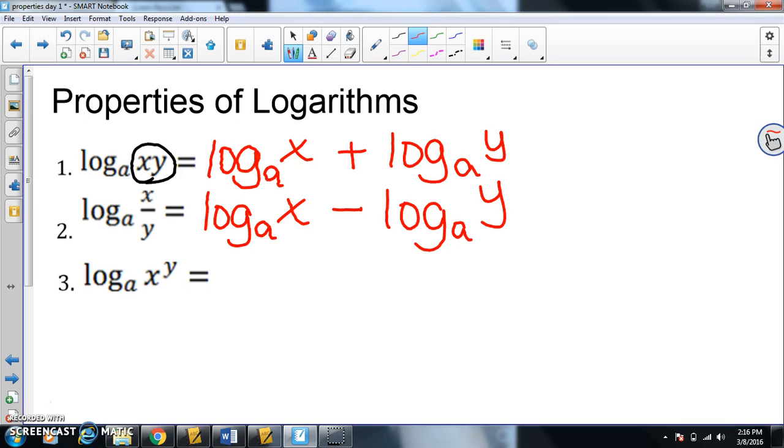And finally, we have log base a of x to the y power. And when we had a power to a power, we multiplied, and that's what we are going to do here with logs. Technically, this log base a of x is equal to an exponent, because in our exponential form, b to the e equals a, e is our exponent.